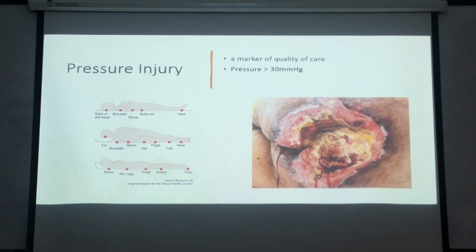So any surface with a bony prominence will be the areas most susceptible to pressure injuries. So, a marker of quality of care. If you don't take care, your patient will get bed sores. So you have to turn the patient to the sides every 2 hours.